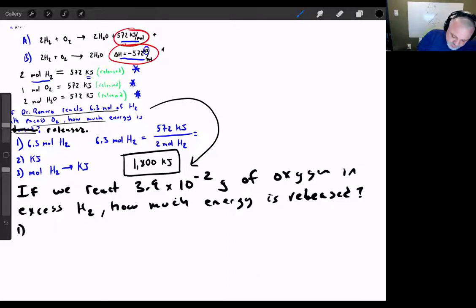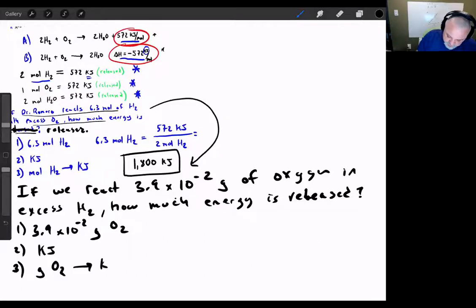Well, the same thing is going to happen here. A, what's my plan? What am I given? 3.9 times 10 to the negative 2 grams of oxygen. What am I asked for? I'm still asked for the energy. So the plan is to go from grams of oxygen to kilojoules.